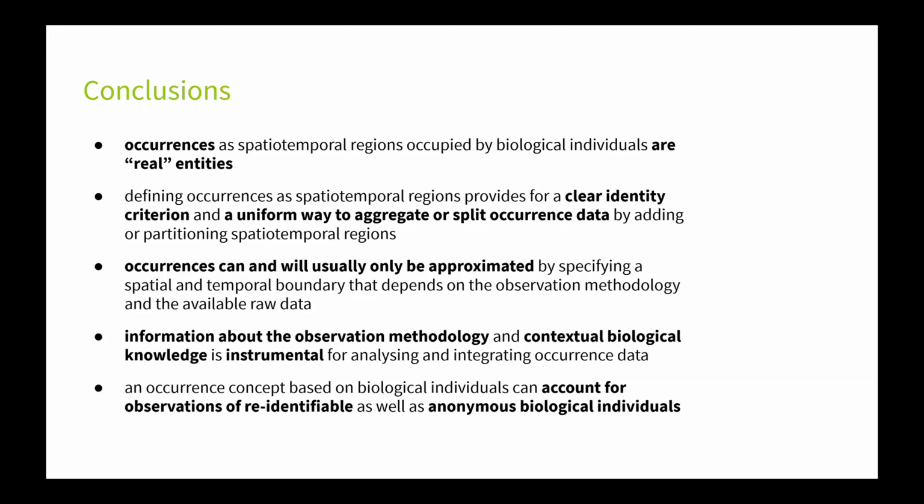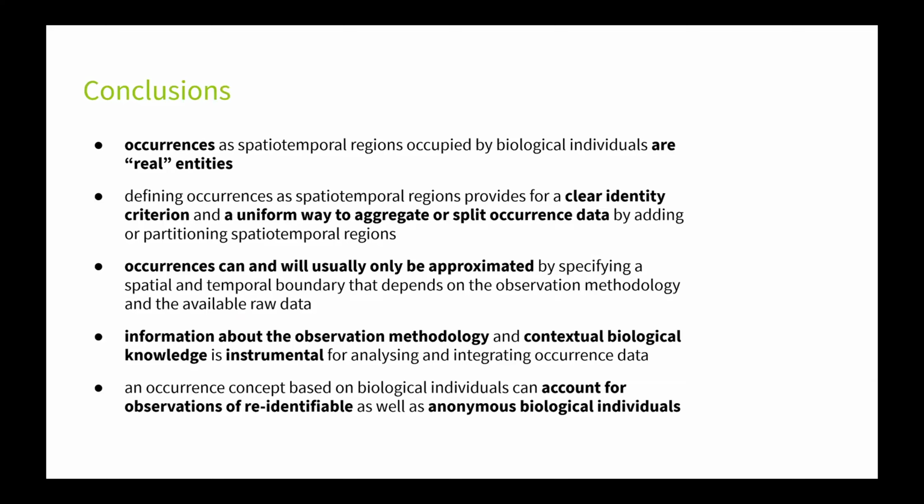Identity of occurrences can be defined in terms of the identity of the spatiotemporal regions and of the participating organisms. Occurrences, according to this model, can be segmented or aggregated in terms of the spatiotemporal regions they represent in arbitrary ways. The result of such an operation would be related but distinct occurrences.